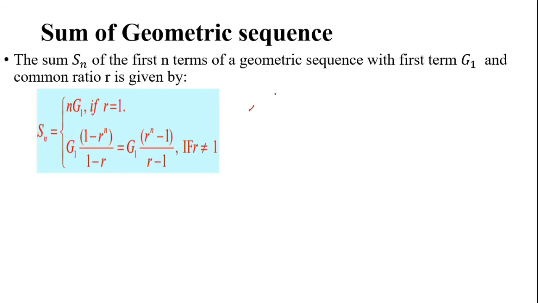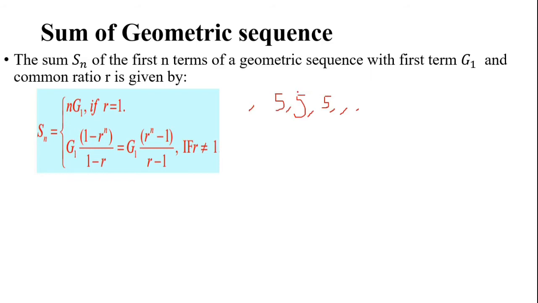5 for g1, 5 for g2, and 5 for g3 and continue. So this can be termed as one. If we have a sequence like this, the common ratio r can be calculated by dividing the second term by the first term, or the third term by the second term.